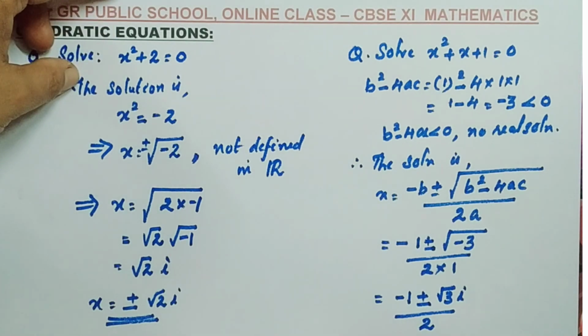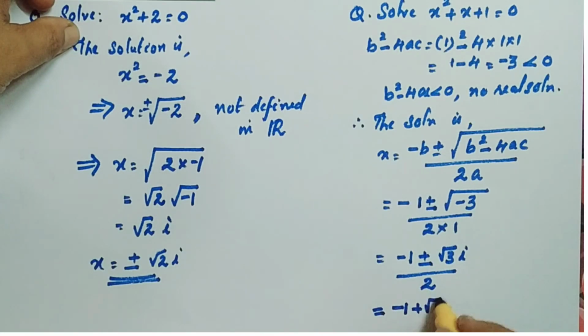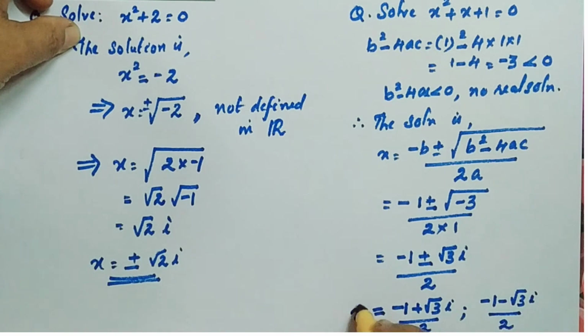This can be split up as minus 1 plus root 3i by 2 and minus 1 minus root 3i by 2, which are the solutions of this equation.